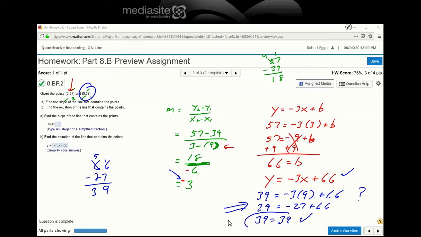We would have found this not being true, which would have been a clue to go back and see that something screwed up. So that's why it's very, very important to always do this check. I cannot emphasize that enough.